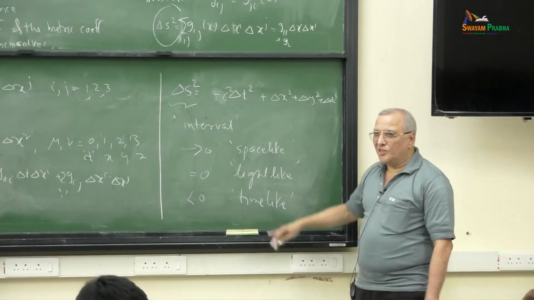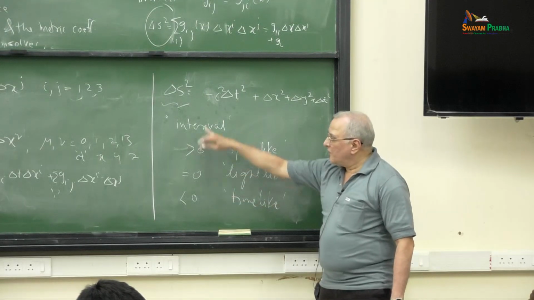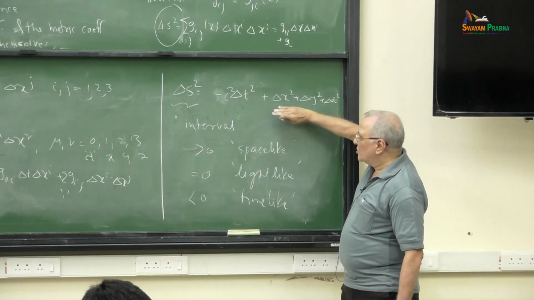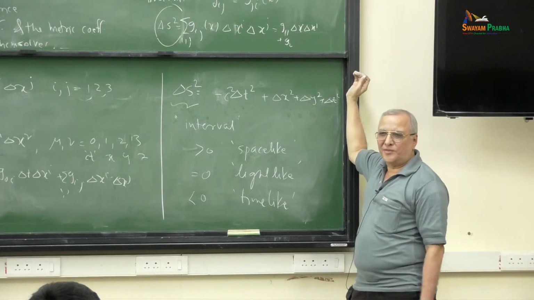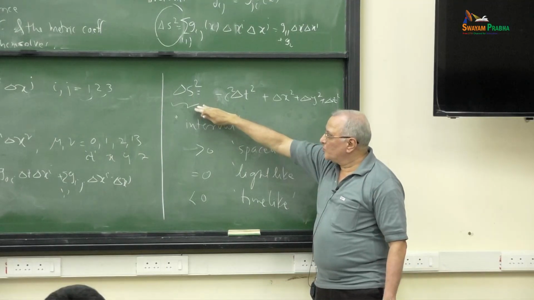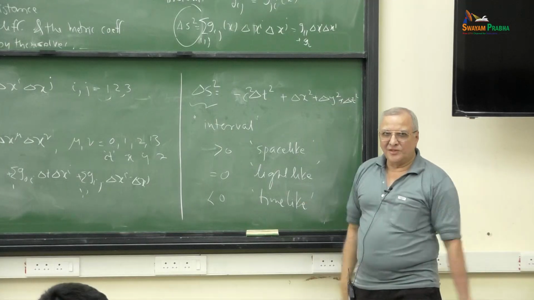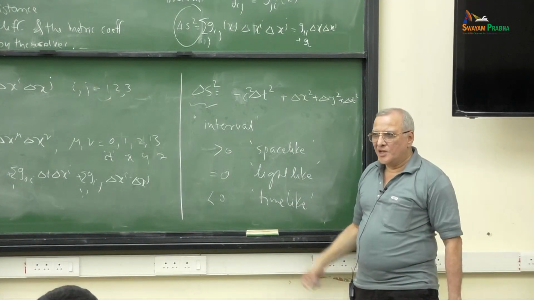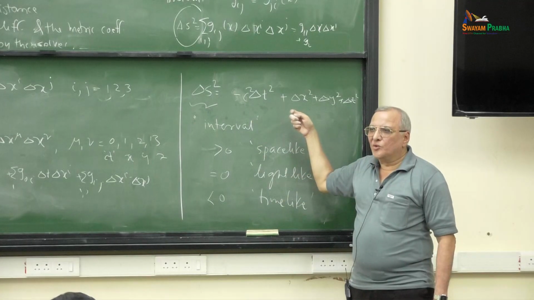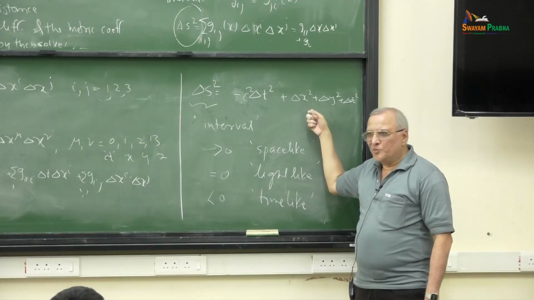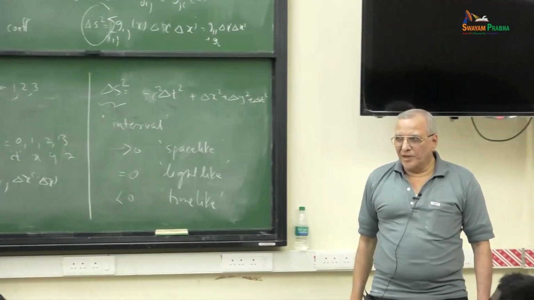Why is it time-like? Because if it is negative, I can always choose events such that all of these are 0, so the only thing that changes is the time. If it is positive, then I can set delta t to be 0 because this is still positive, and the only thing that changes is the space, the spatial coordinates of the two points. So it's space-like, versus time-like. And if it is exactly 0, then I cannot put either of these separately to 0. One of them must be non-zero. So it's light-like. Okay, we have gotten somewhere.